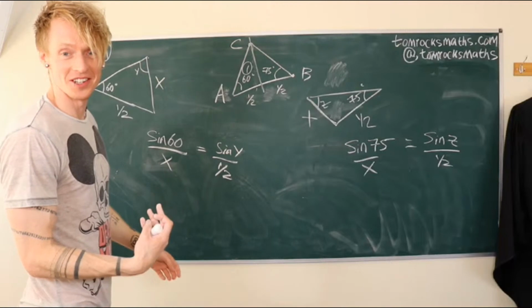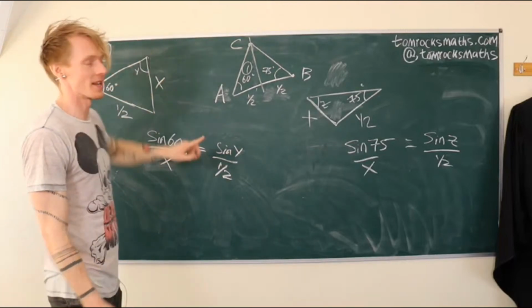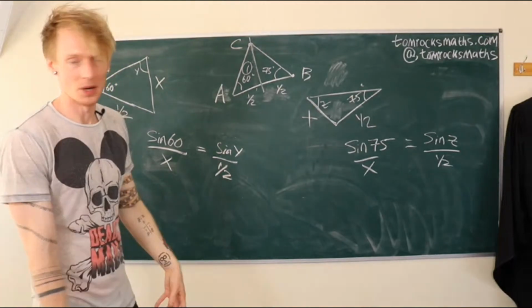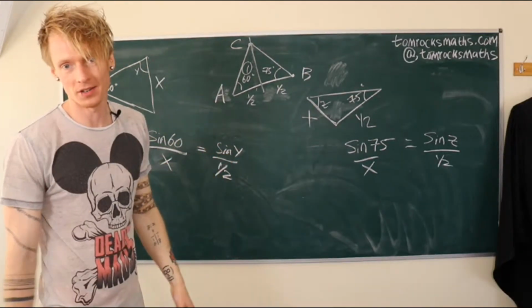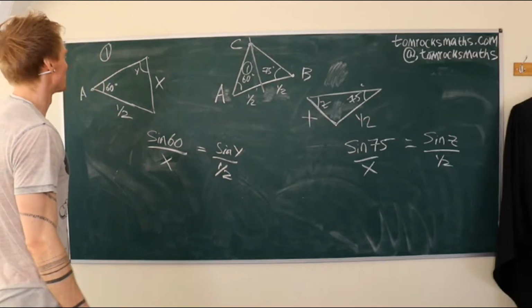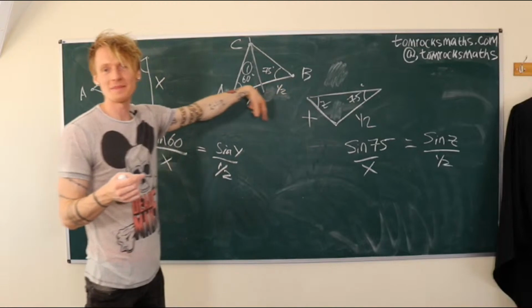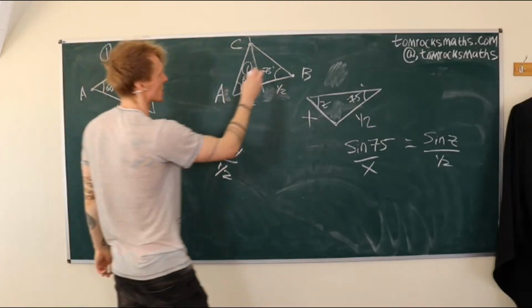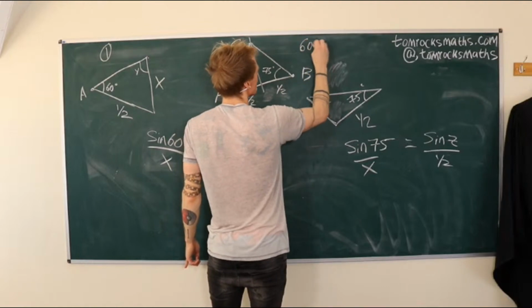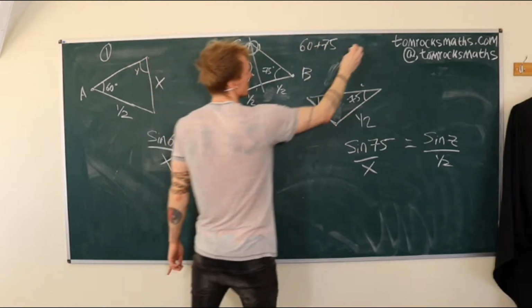You can see how much I enjoy solving problems. Right, so we don't care about y and z, we only care about x. But to construct true equations, we have to label the other angles y and z. Now, the thing that I know is this is a triangle. ABC is a triangle, right? So I know that 60 plus 75 plus the angle at the top must equal 180.